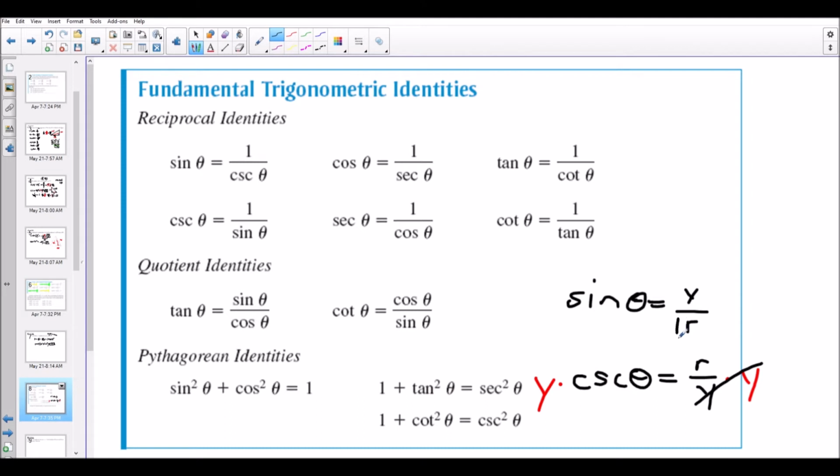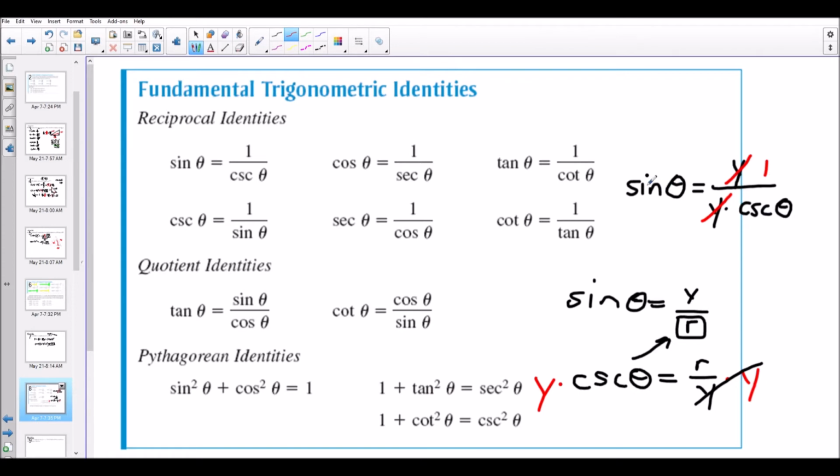And since this denominator right here is equal to r, you could substitute this in here, which would leave you with the sine of theta is equal to y divided by y times your cosecant of theta. And as many of you probably already see, the y's divide out, leaving you with a 1 in the numerator.